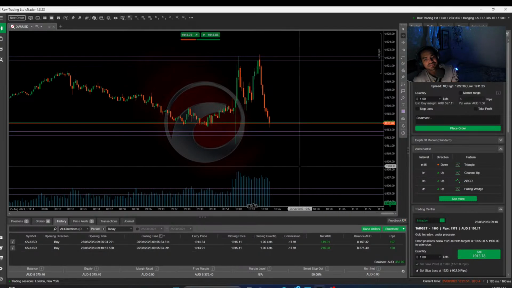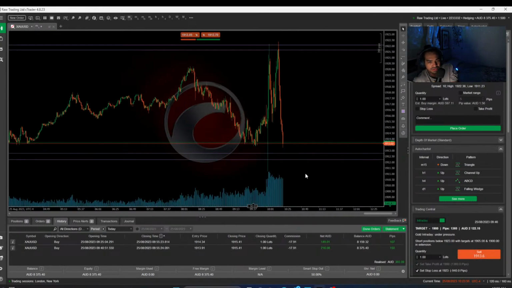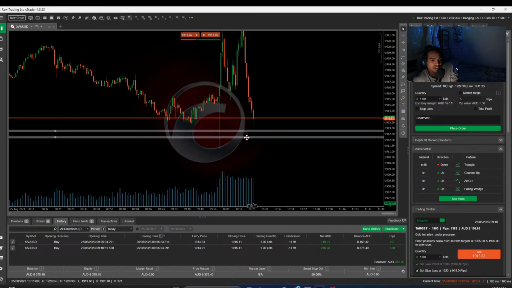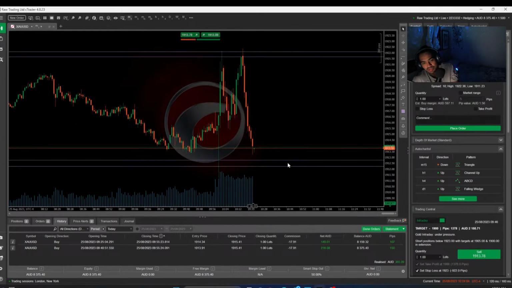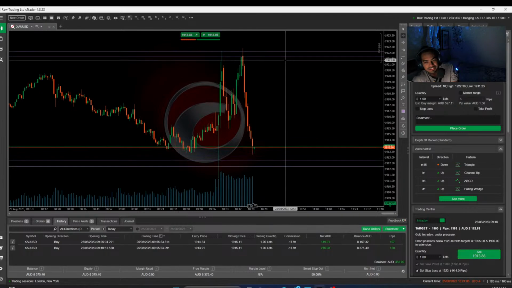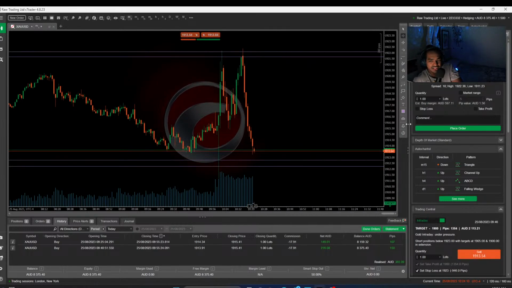I've made money. I don't want to risk it because today is Friday, the end of the week, and the price is always choppy. So yeah, price might react to this area and pull back to previous resistance. But for me, that's done for the day.